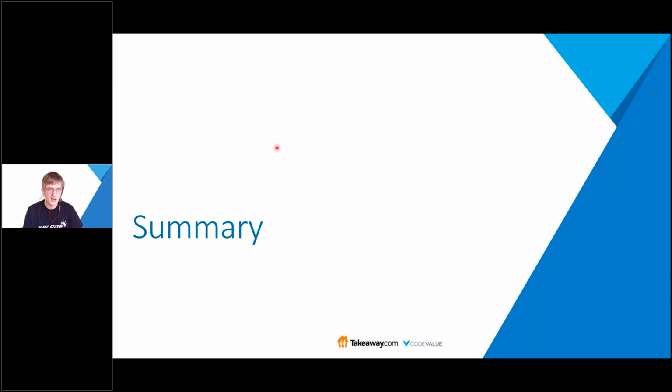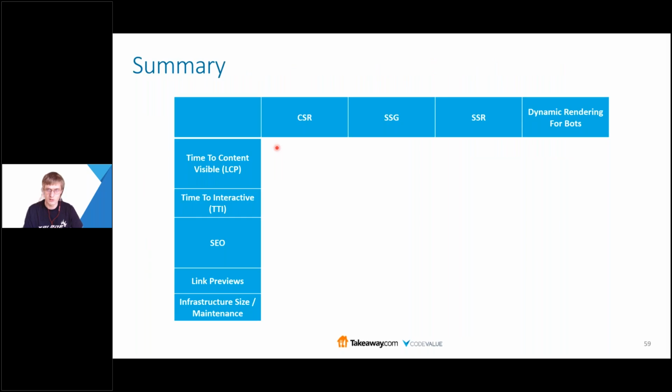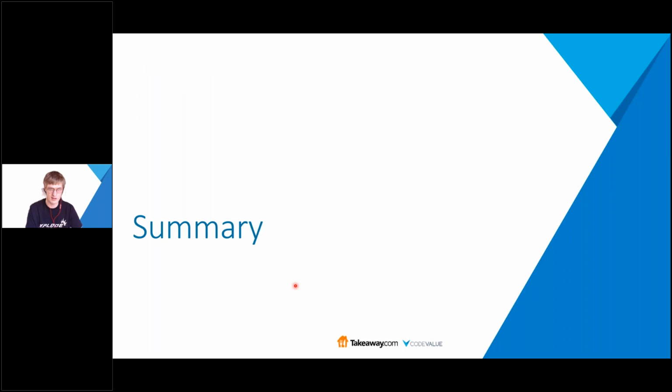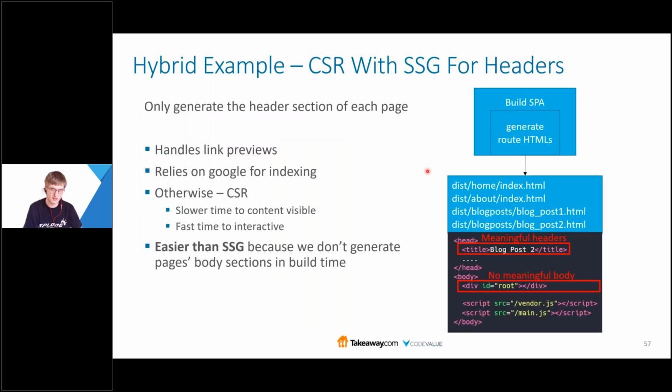Okay, so we saw this hybrid here, and now we come to the summary. Client-side rendering. Time to content visible is the slowest, but time to interactive is the fastest. SEO, you rely on their rendering, and you need to wait in a queue. Link previews don't work unless you do something like this, right?